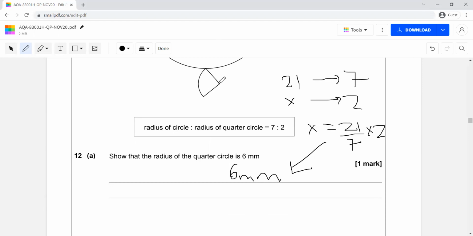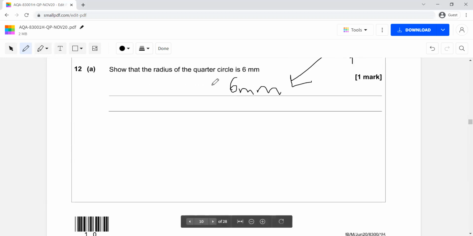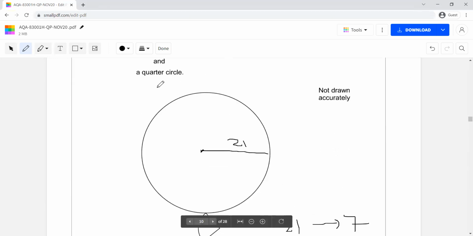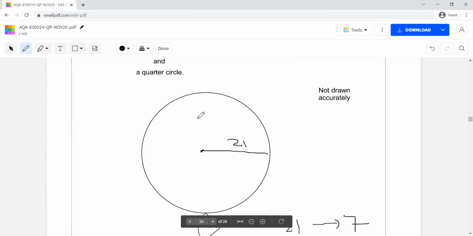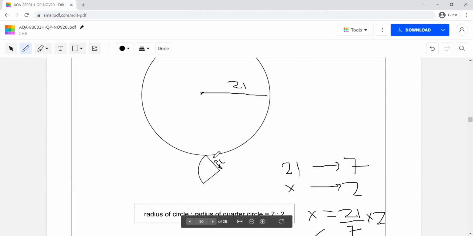Okay, so let me label this again. So something like this length is equal to 6. And it asks us to work out basically what the length is. So the length in this case is the circumference of this circle plus these two lengths and the quarter of the circumference, because it's a quarter circle.